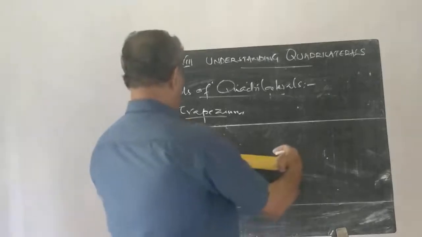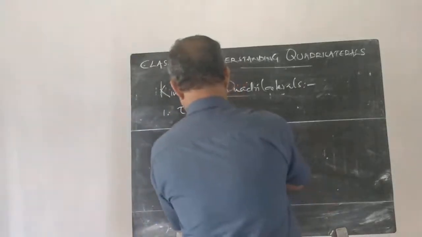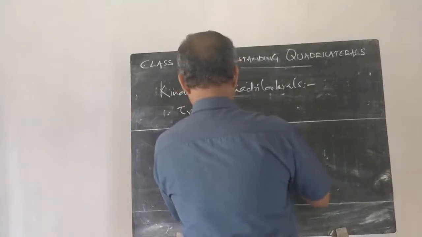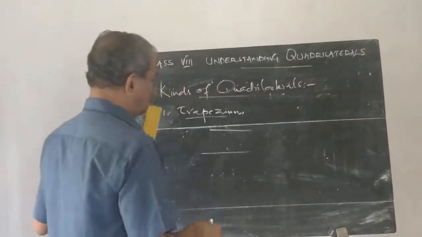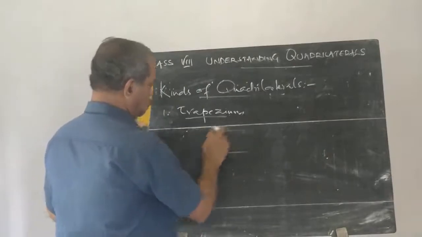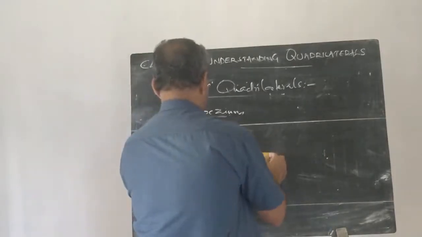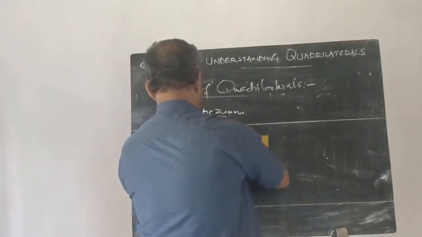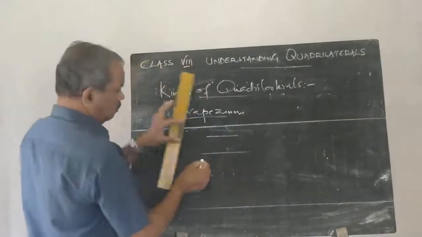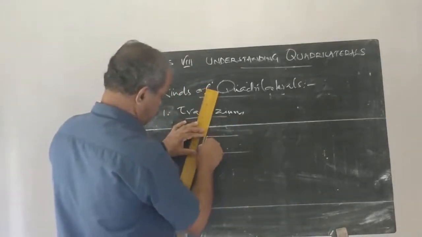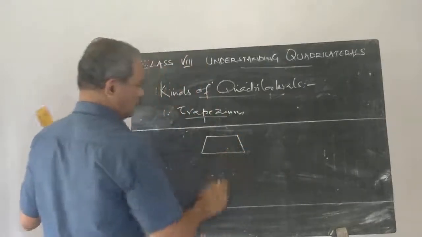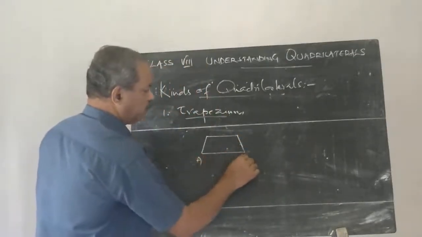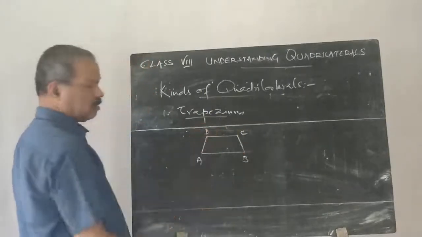Four-sided. See. ABCD is a quadrilateral.